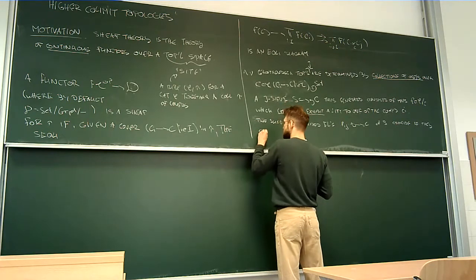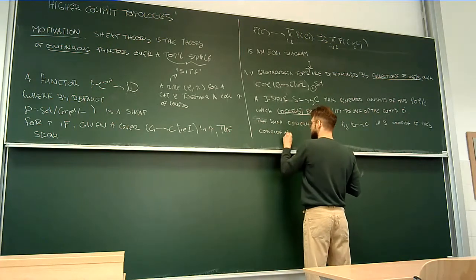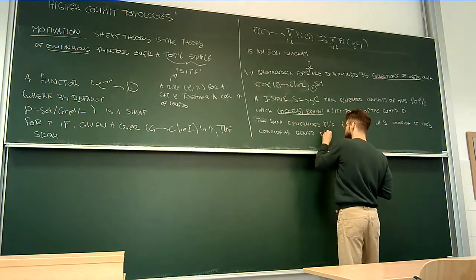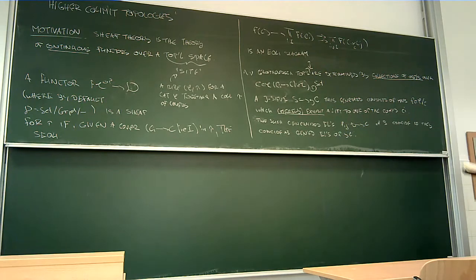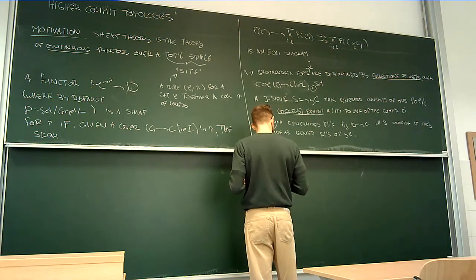They coincide as generalized elements, which is to say just as maps from B to C.